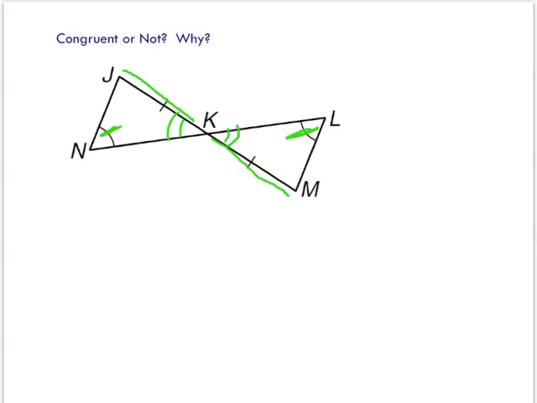So we have two pairs of angles and a pair of sides. We have a choice between angle, side, angle, or angle, angle, side. Which one do we pick? Well, the question is, is the side included or not? And by included, I mean, is that side touching both of the angles?